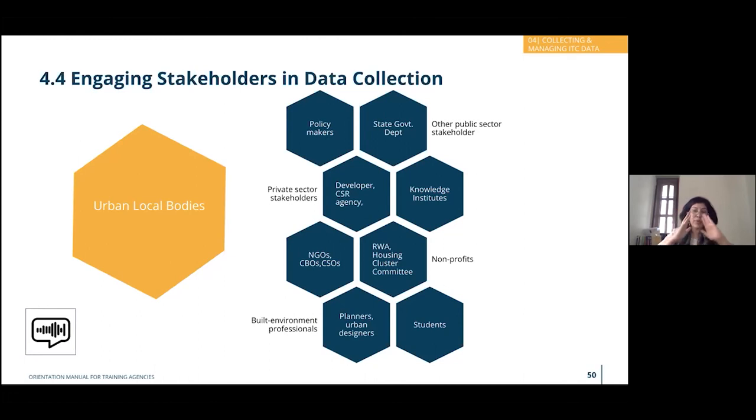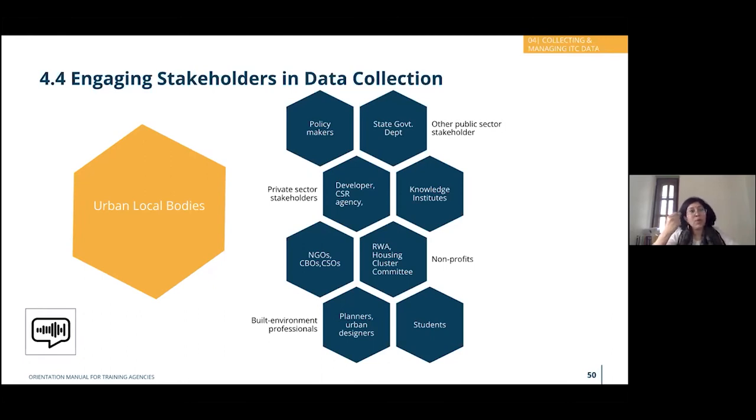Because again, this is not a one-time exercise, right? Cities will need a system of continuously getting and analyzing this data. Where can students be employed on a regular basis to make sure that some of these indicators are collected? Students, urban planners, designers are very good, especially when we have to collect nuanced data which is qualitative.